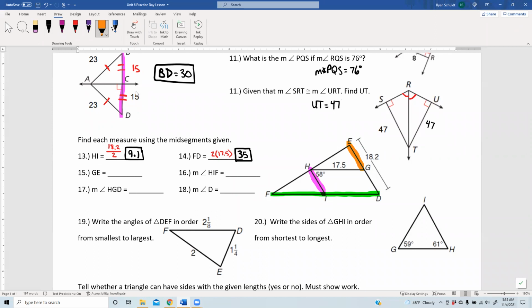That's half of it. So it's the same as our mid-segment HI that we just found, because we know these are congruent right here. Those are all congruent. So HI is 9.1. That means EG has to also be 9.1.